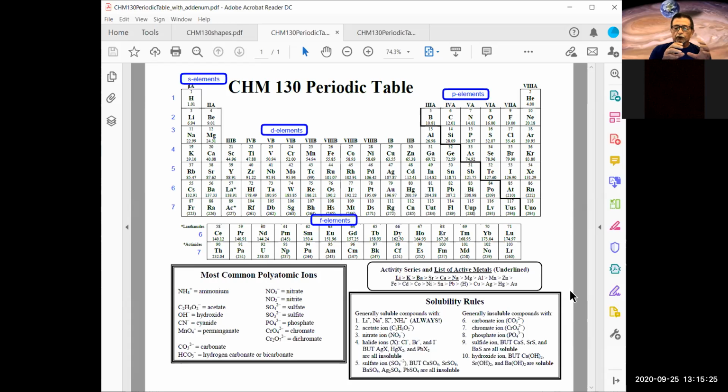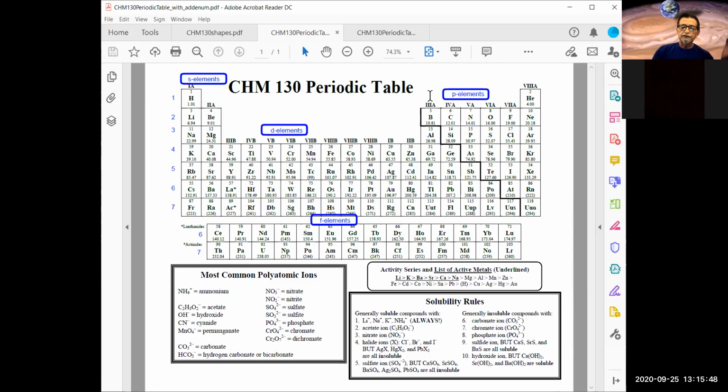All right, so for groups 1A and 2A, I think of those as what we call the S elements or the S block, okay? Notice that there are 2 columns in the S block, the first column and the second column, which is consistent with the S orbitals that can handle 2 electrons maximum. Okay?